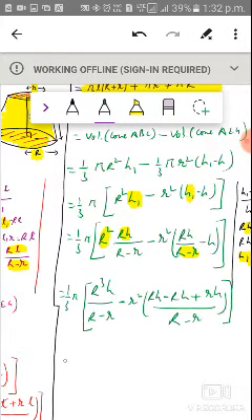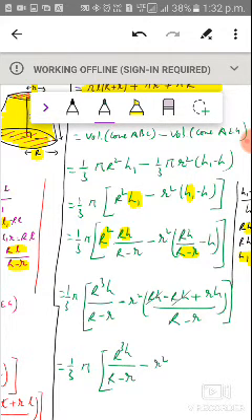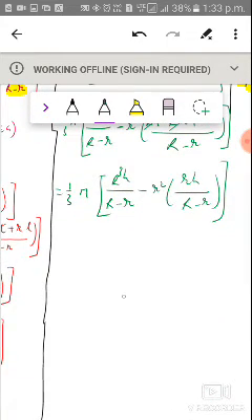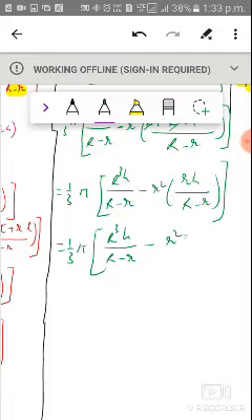Here we can cancel, so r square multiplied by r h by (R minus r). Going further, that is 1 by 3 pi, R cube h by (R minus r) minus r square times r h by (R minus r).